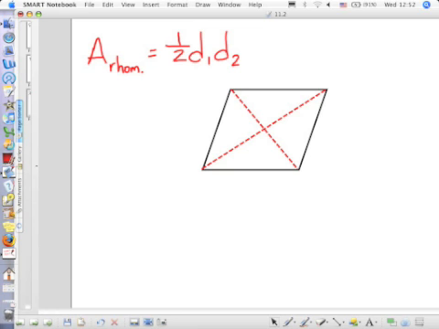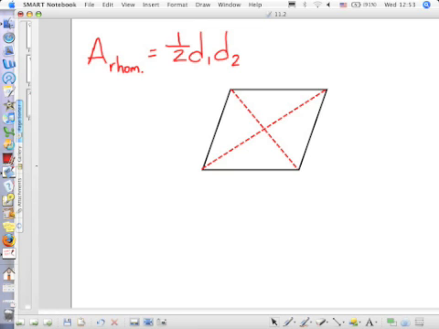Do they equal each other? No, they don't. One is longer than the other. Okay? So to find the area of a rhombus, the formula is 1/2 times diameter 1 times diameter 2. So you find the product of the two diameters and you divide it by 2. And that's how you're going to find the area of a rhombus.